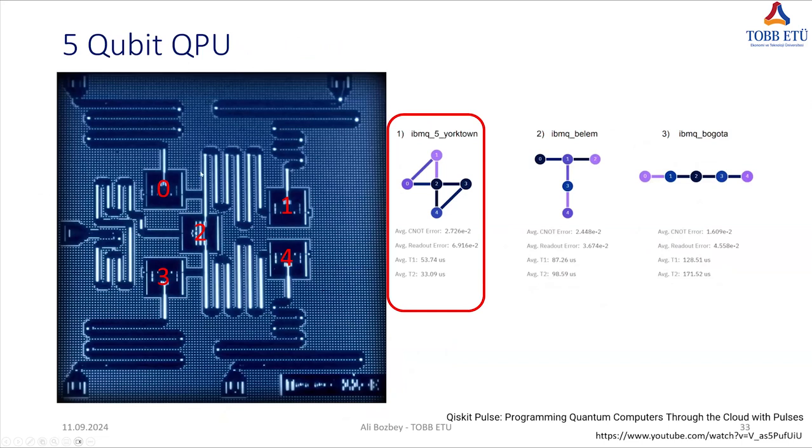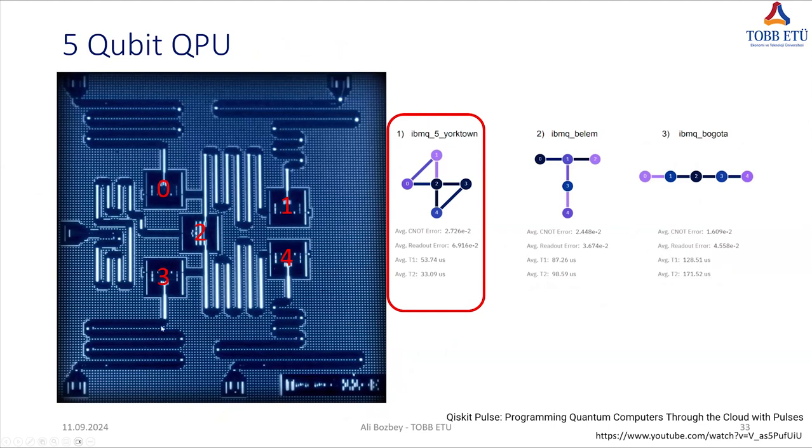For example, this is a 5-qubit QPU, quantum processor. In this case, these numbers indicate the qubit numbers. And there are some topologies. This is from IBM's tutorials. And these topologies determine which qubits are entangled with which qubits.